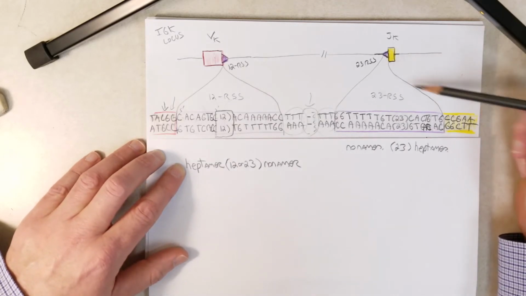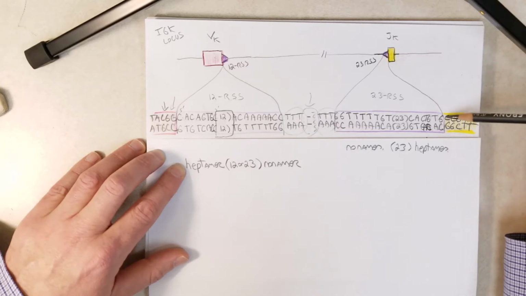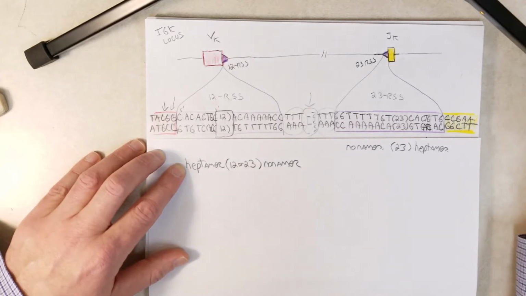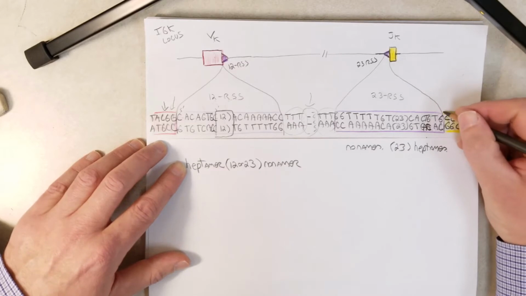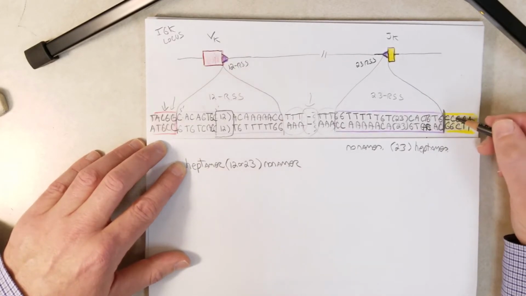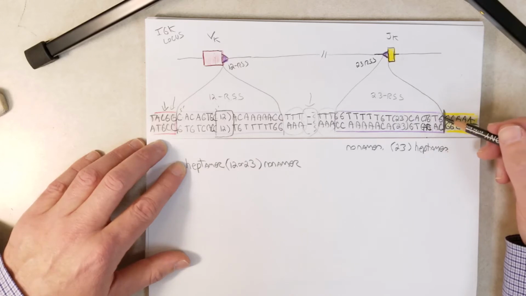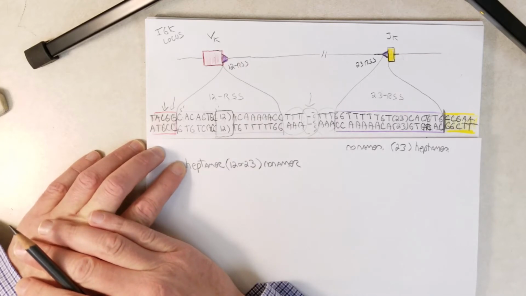Now, you can see in yellow here, I just picked some nucleotides of the JK segment. I just picked the first 5 nucleotides, CCGAA. They might be CCGAA, they might be something else, it doesn't really matter. The important part is that this RSS sequence will be separated from the coding portion of JK during the recombination process.